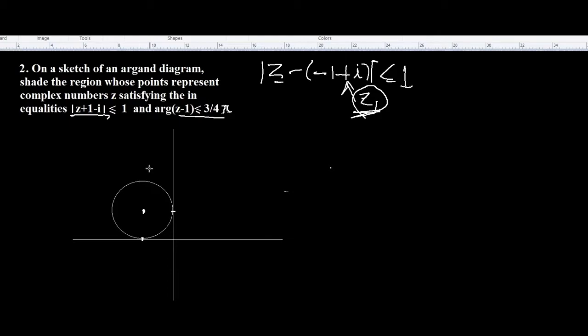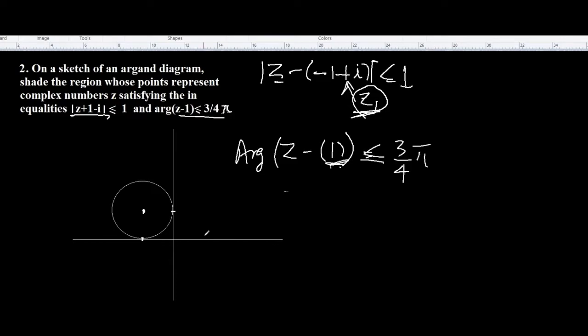But they have given another condition where argument of z minus 1, so I will have to change it also, so it will become argument of z minus positive 1, right? So we will focus on this z1 for us in this case, and the argument is less than or equal to 3/4 of pi.